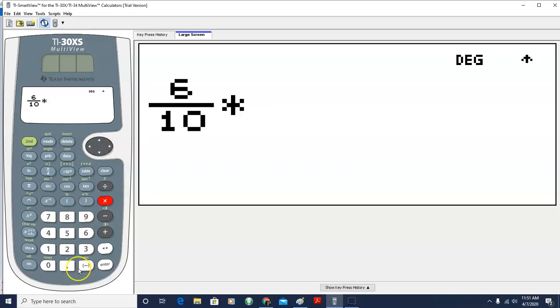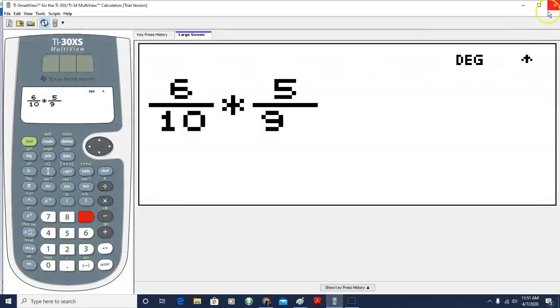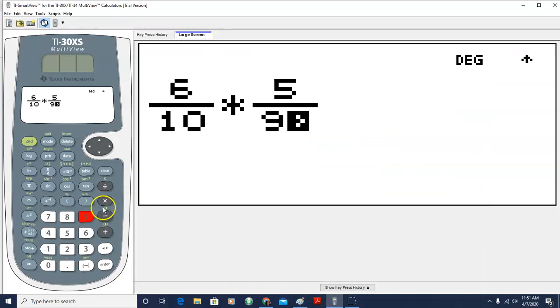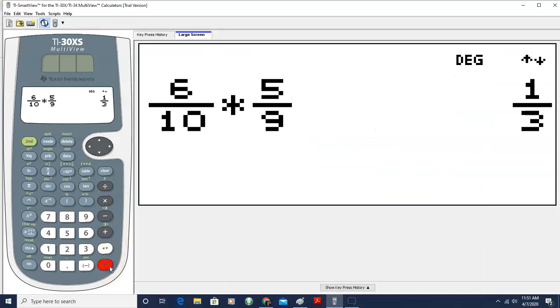Our second probability, we said, is that there are only 5, fraction key, 9, and we're going to multiply them. So everything is set up on screen the way we said we were going to set it up over here. 6 over 10 times 5 out of 9. And if I hit enter, we get our final answer of 1/3.